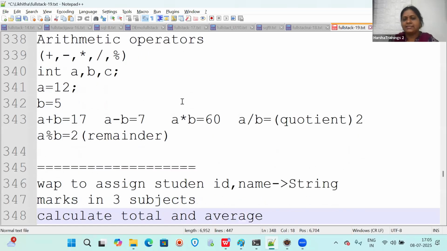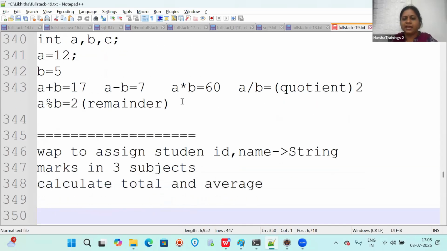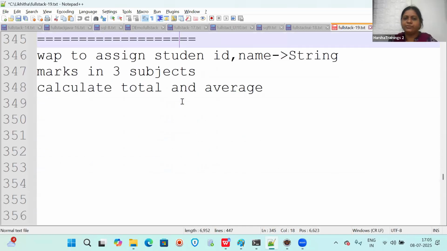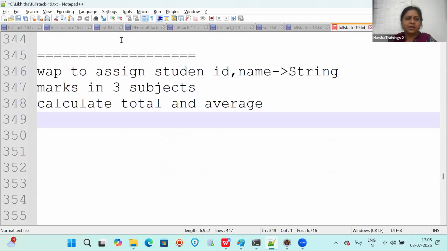In the last session, we discussed the arithmetic operators: plus, minus, multiplication, division, and then what? Modulus. I gave you one example and one assignment to do. Did you try this, everyone? Online students, did you try this question?